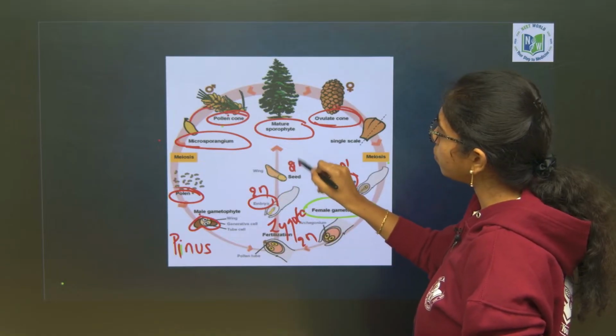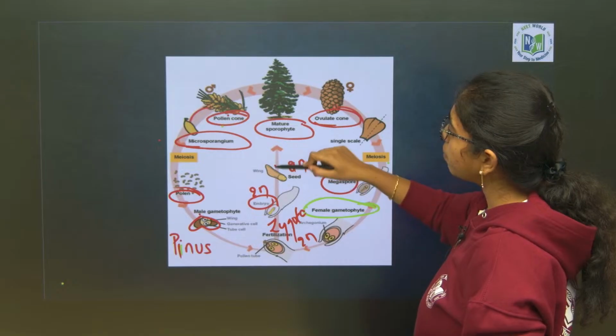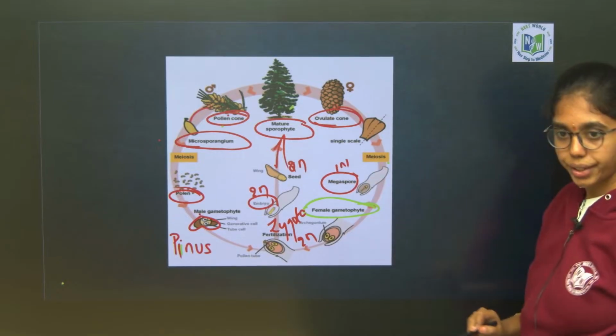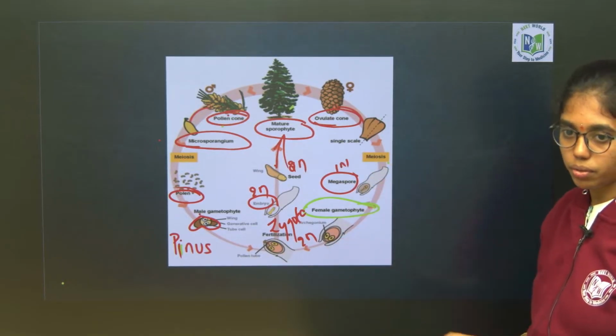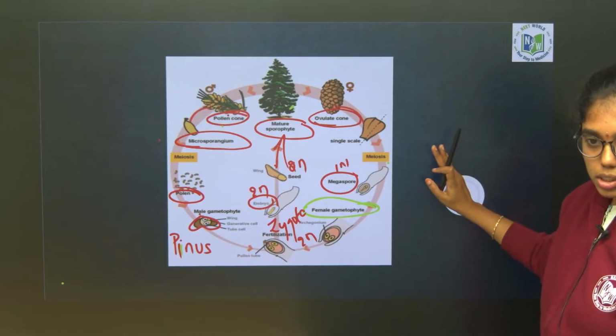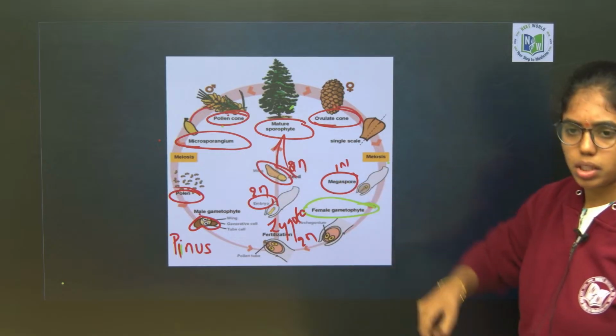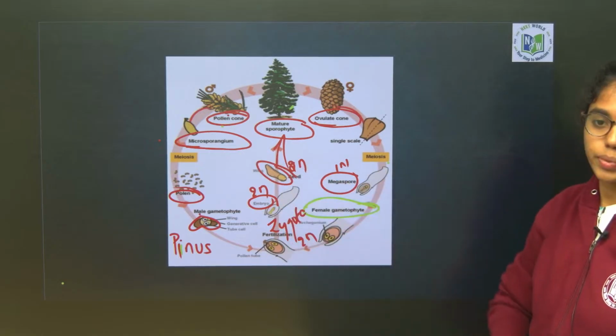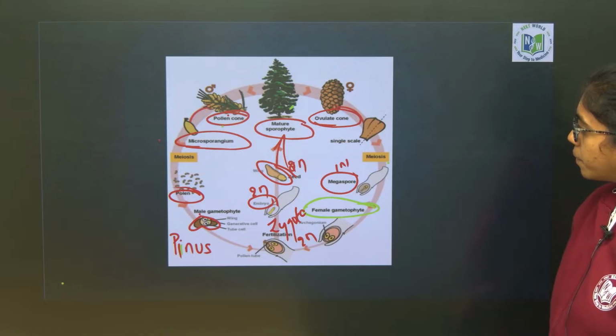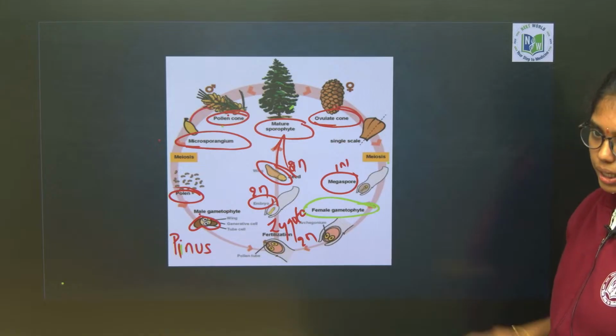Then seed is formed, which is diploid. The seed will mature to a mature sporophyte. But seeds are without seed coat. Till here it is clear, no? Pollen grain is winged. Any doubt anywhere?